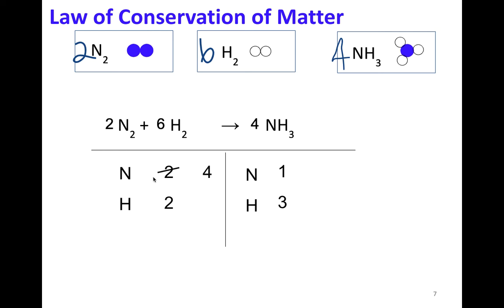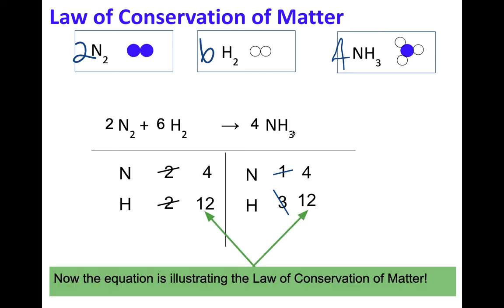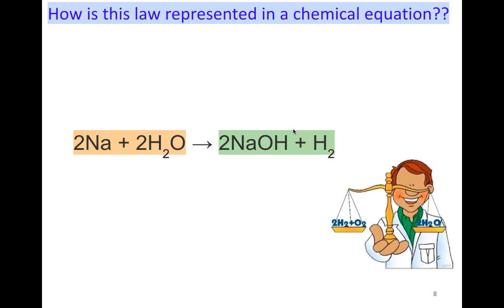Now I have 4 nitrogen instead of just 2. With this coefficient of 6 in front of the H2, 6 times 2, I now have 12 H's. Then I go over here, 4 times 1 for the nitrogen is 4, and 4 times 3 for the hydrogen is 12. So now this equation does illustrate the law of conservation of matter.